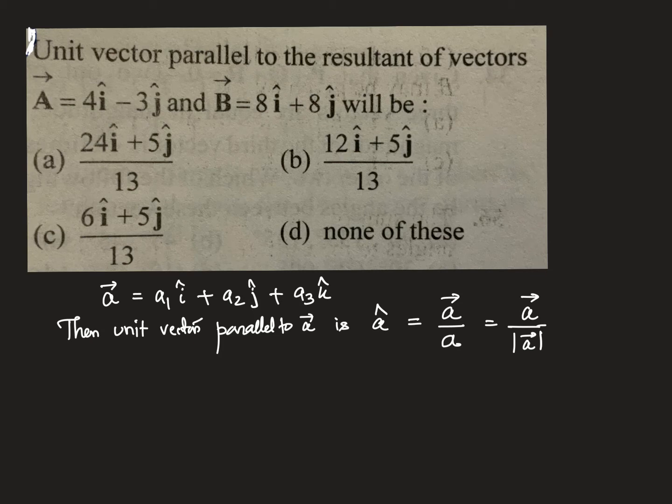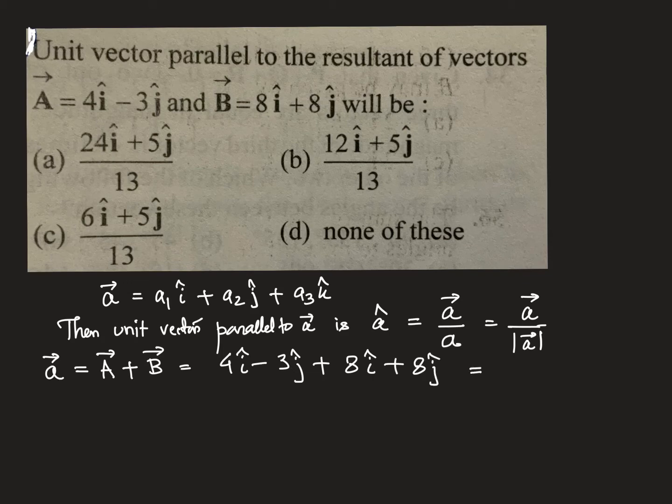So here we have to find the unit vector parallel to the resultant of the vectors. Suppose small a is the resultant of vectors capital A and capital B. So capital A plus capital B becomes 4 i cap minus 3 j cap plus 8 i cap plus 8 j cap.